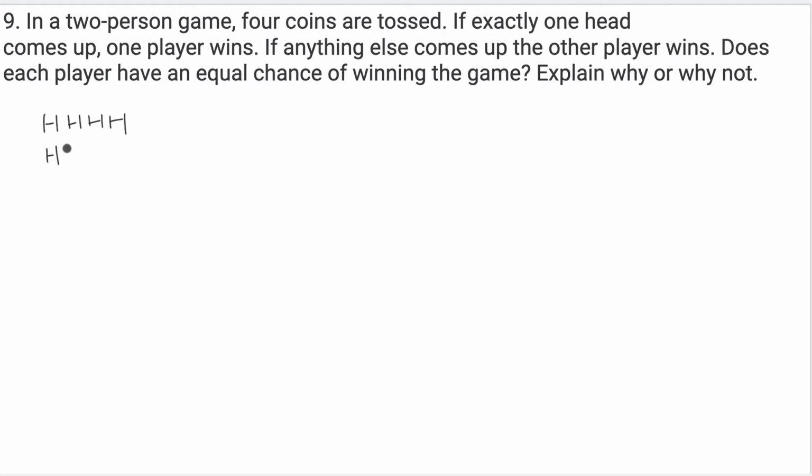Or only one tail. If you go with 1 tail, the 4th coin can be the tail, or the 3rd coin can be the tail, or the 2nd coin, or the 1st coin can be the tail, right? So we are done with 1 tail. We can also have 2 tails.